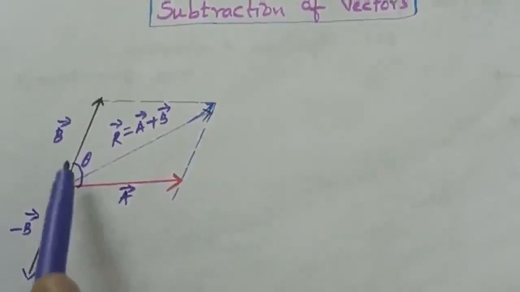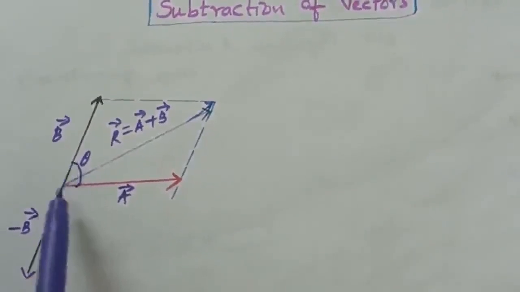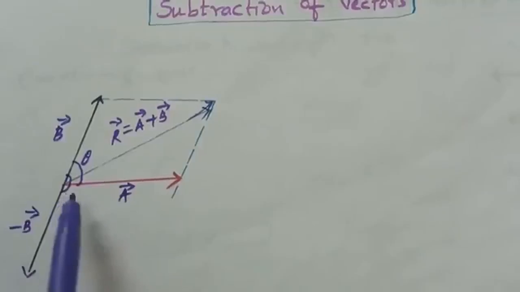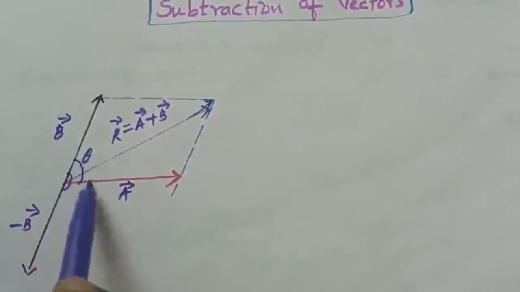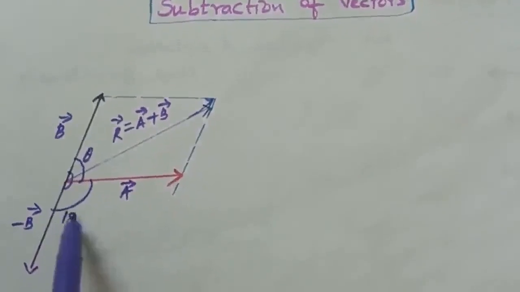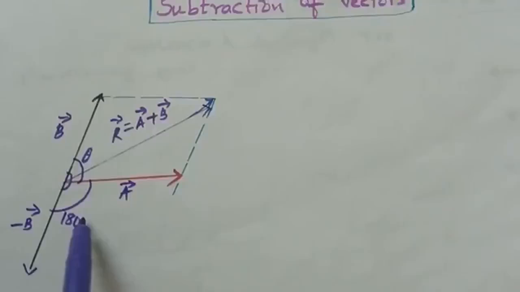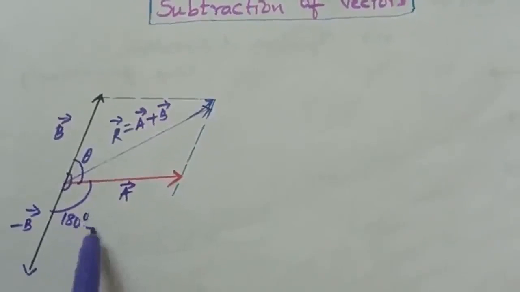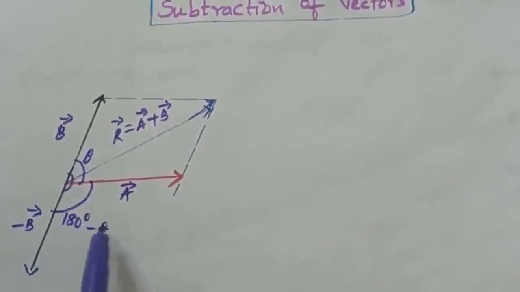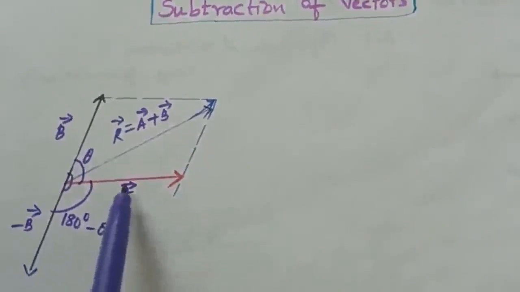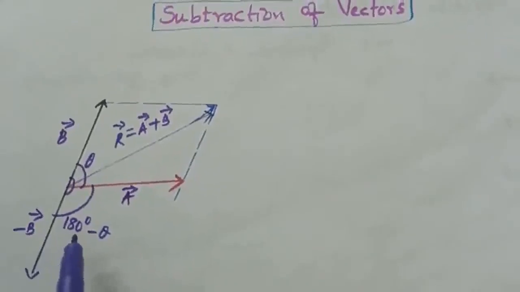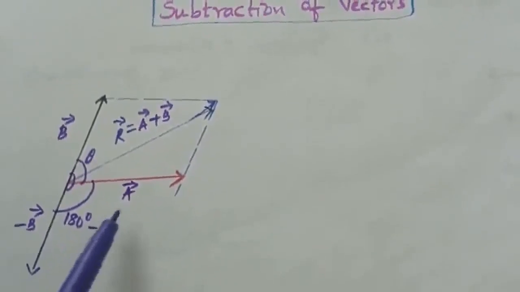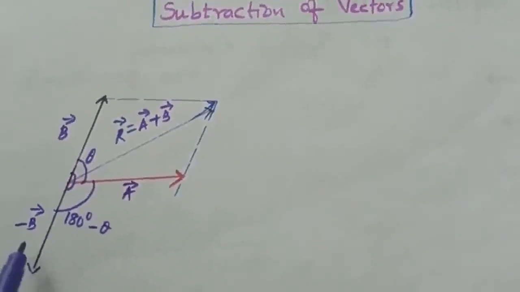Already you know the total angle is 180 degrees, so it is 180 minus theta. This is the angle for A vector minus B vector.